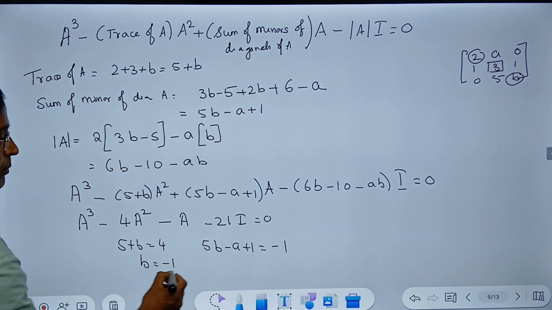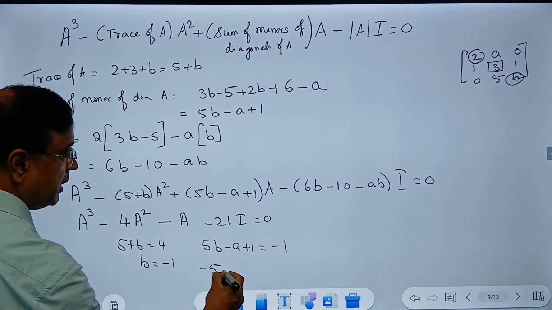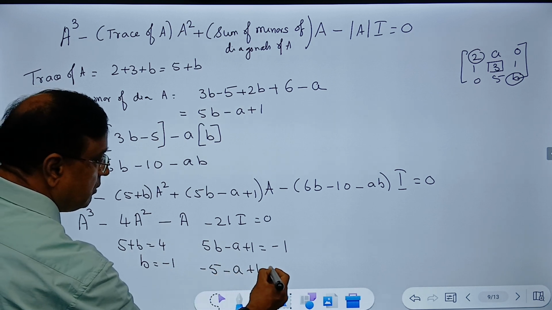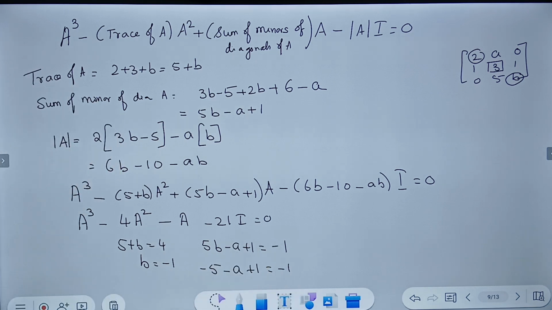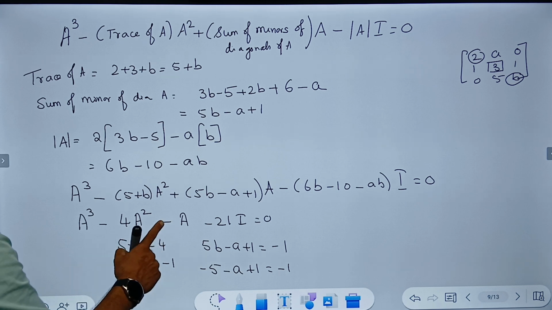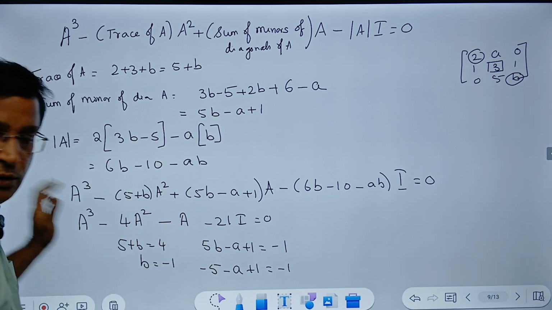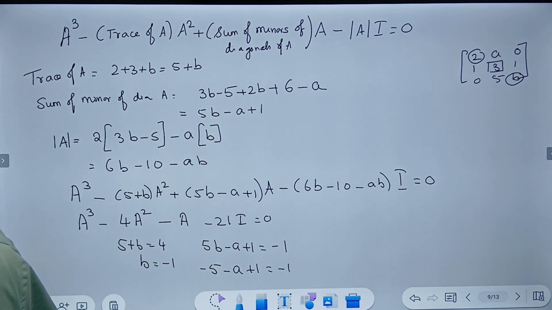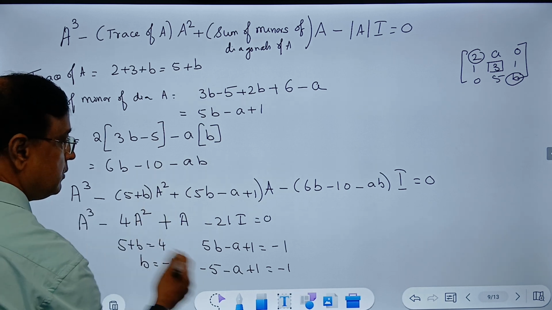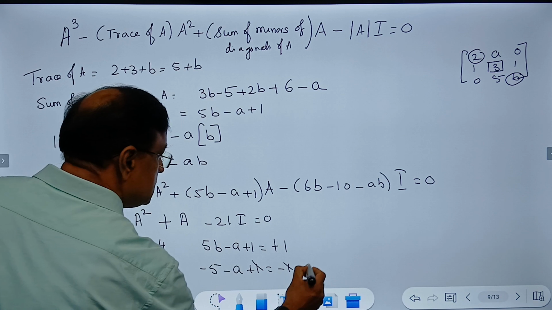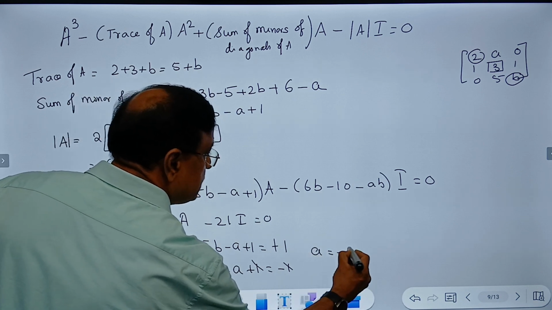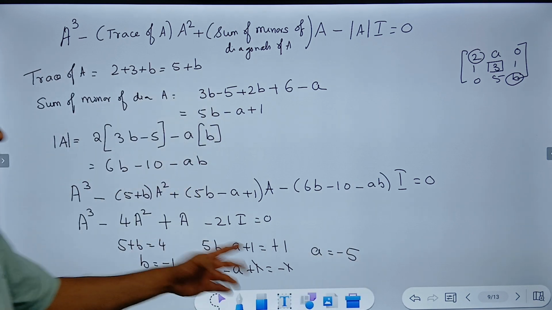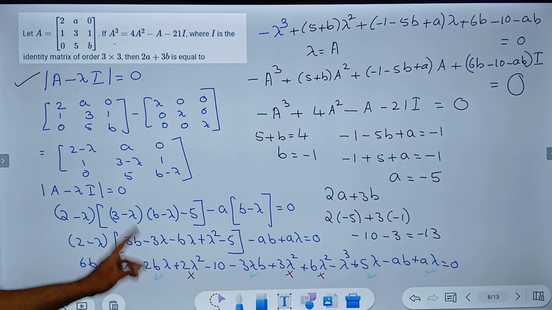And 5b is minus 5, minus a plus 1 equal to minus 1. Actually it should be plus a when I bring it this side. So they get cancelled. So a equal to minus 5. So you have got b is minus 1, a is minus 5. That is exactly what I got here also.